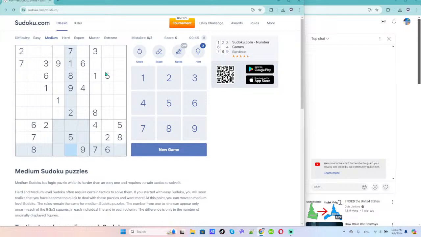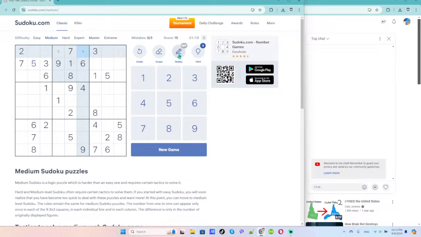My first observation in this Sudoku at a glance is that there is a 5 here, so the 5 occupies the whole layer. So the only possible place for number 5 is here. And now we have two candidate cells for number 5, here and here.